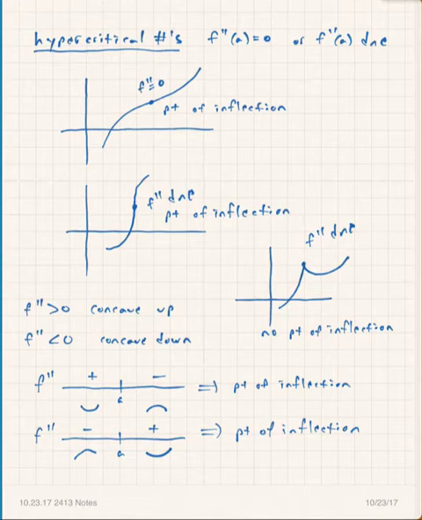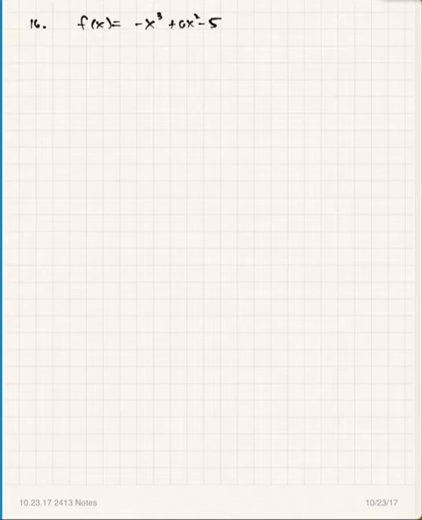All right, so let's work through a problem and go back and review that. I think that would be a good thing to do, for you to see a few more examples about how we work problems like these. So I'm going to look at this function, negative x cubed plus 6x squared minus 5.